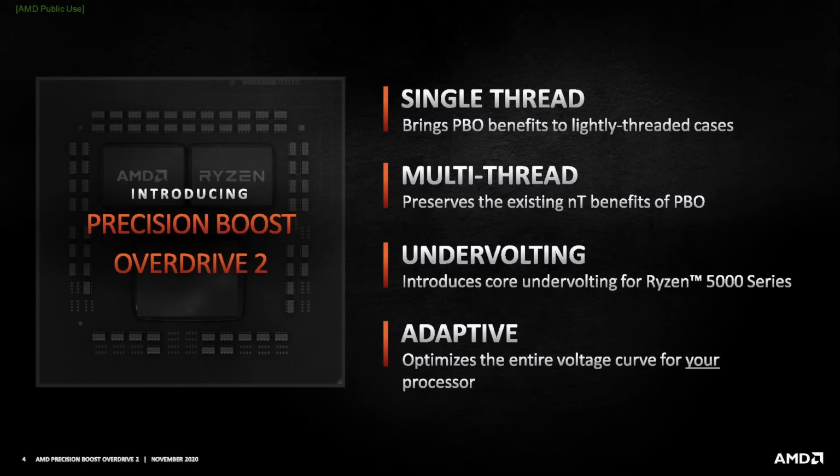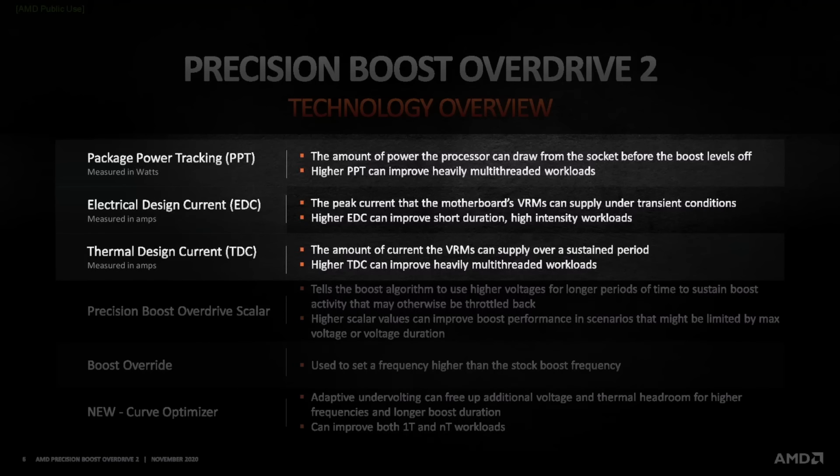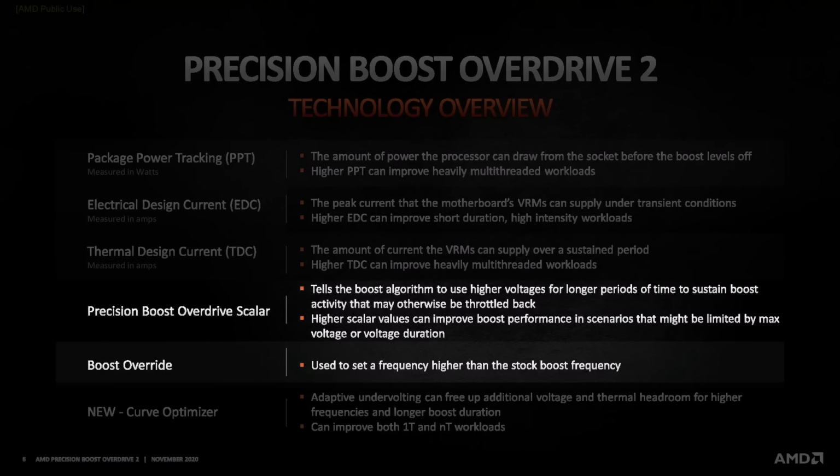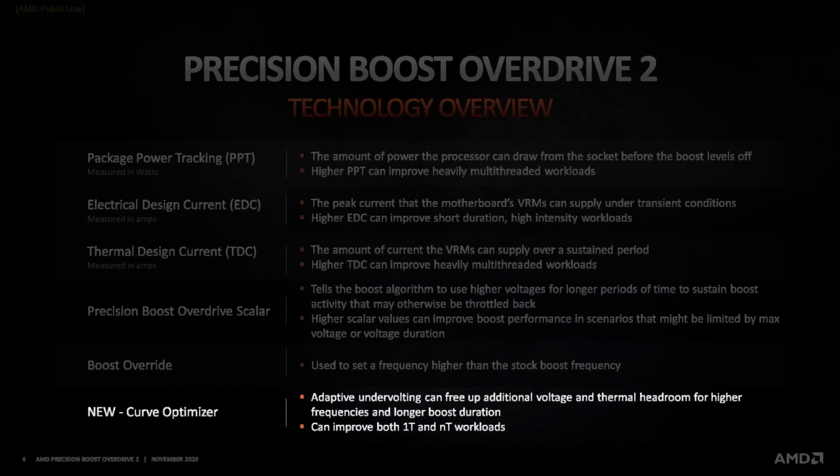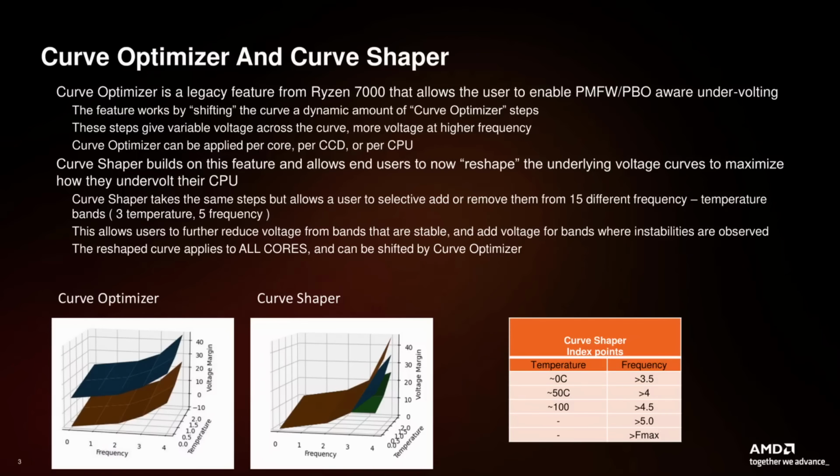Basically, this toolkit allows us to manually fine-tune some of the parameters that are governing the Precision Boost 2 boosting algorithm. The Precision Boost Overdrive 2 toolkit for Zen 5 Ryzen processors includes the overclocking knobs from Zen Plus, PPT, TDC and EDC, Zen 2, Boost Override and Scalar, Zen 3, Curve Optimizer, and the newly announced Curve Shaper for Zen 5.